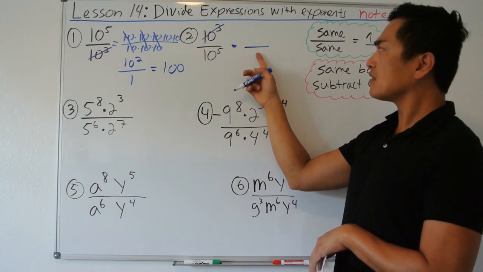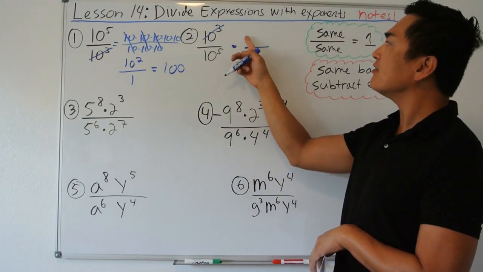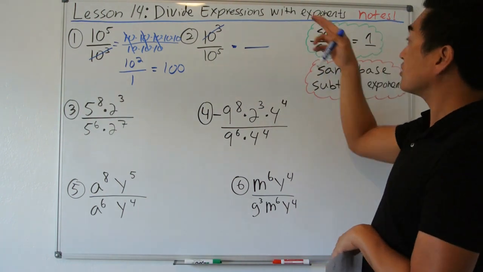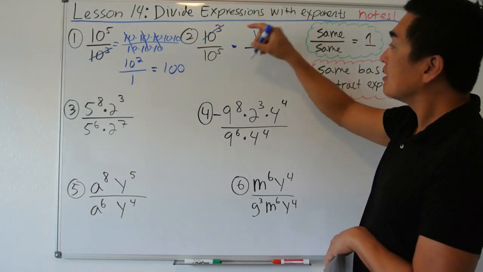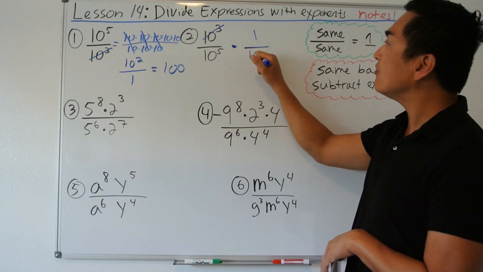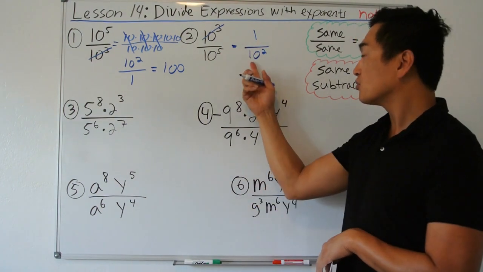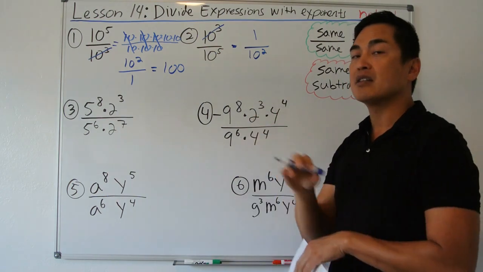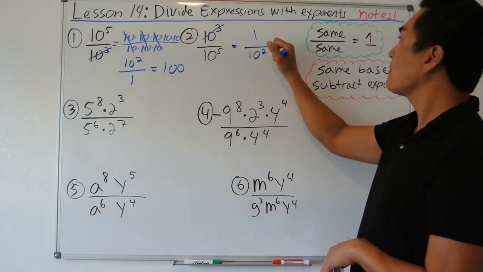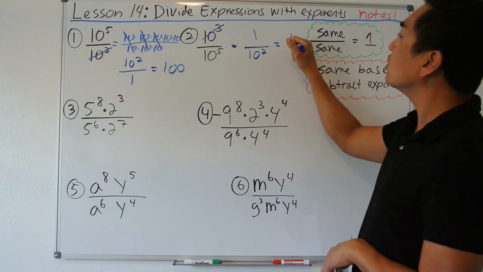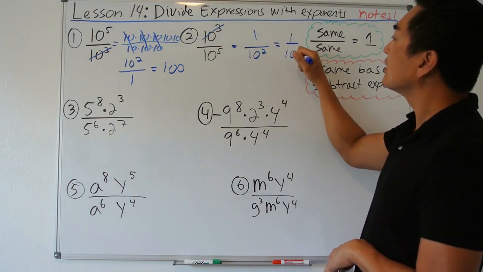You realize there are no more 10s left on top, and remember to turn it into 1 because you divide. There'll be 10 to the 2nd left on the bottom because you subtract the exponent. So there are two more 10s on the bottom. That will give you 1 over 100.